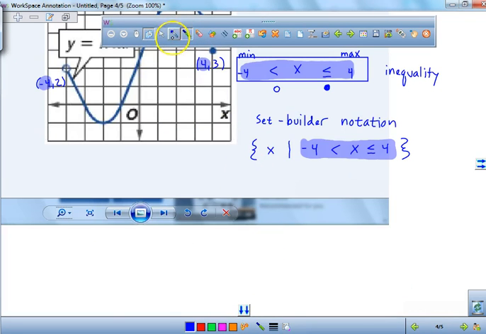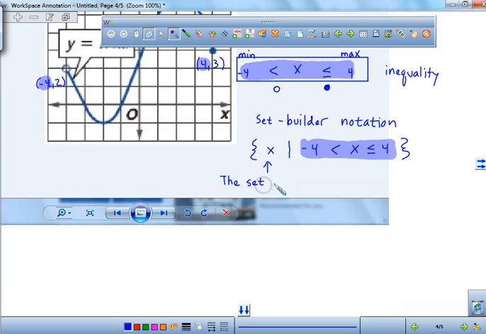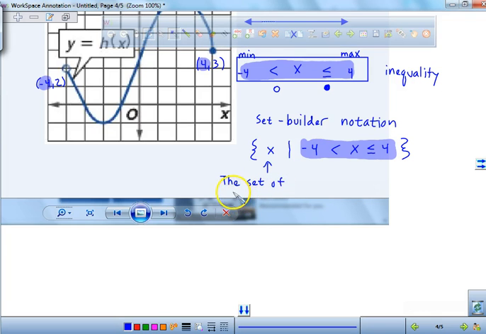Now, what does this part mean? This part means the set of all x values. That's what that means, the set of all x values. This little vertical line means such that.